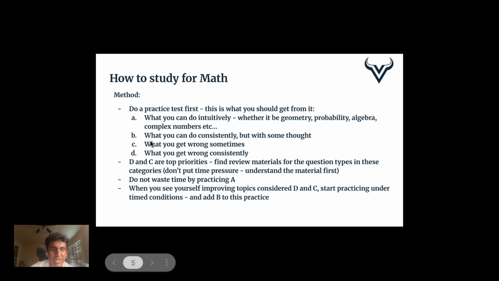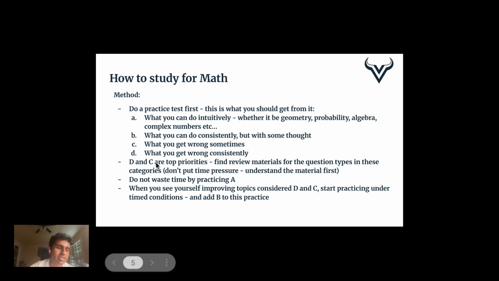Then for bracket B, what you can do consistently. You can be accurate at it, but you need to think about it for a while. You need to take some time to think about the question to get it right, but generally you will get that question right, and you'll do it consistently.